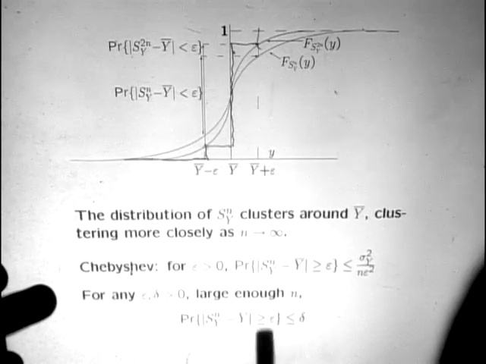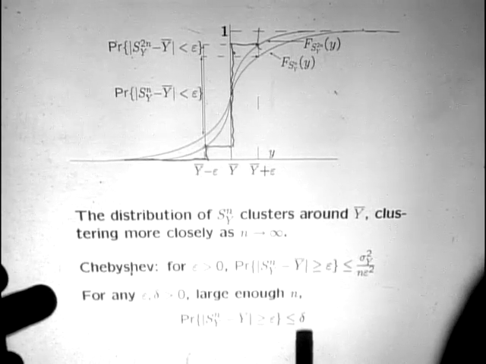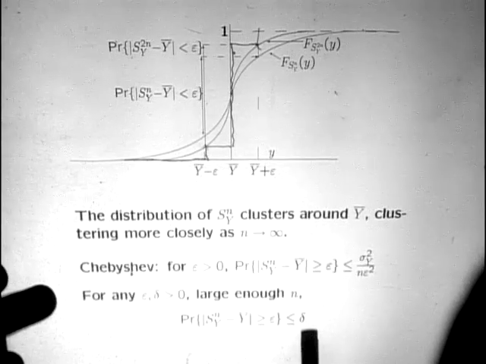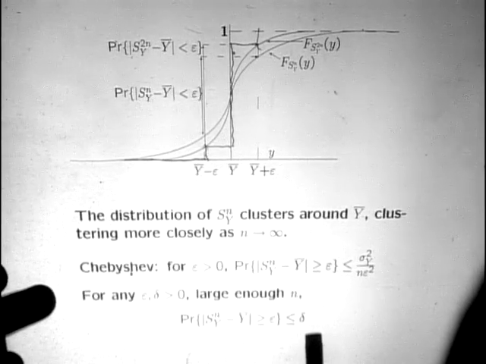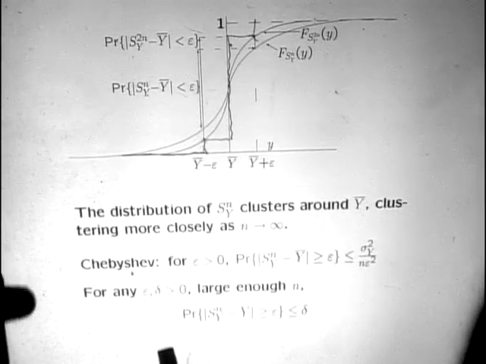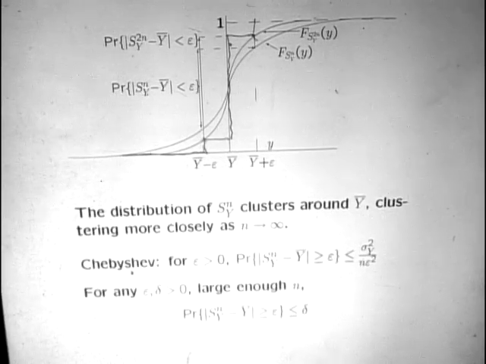Okay, so it says you can make this as small as you want, you can make this as small as you want, and all you need to do is make a sequence which is long enough. Now, the thing which is mystifying about the law of large numbers is you need both the epsilon and the delta.